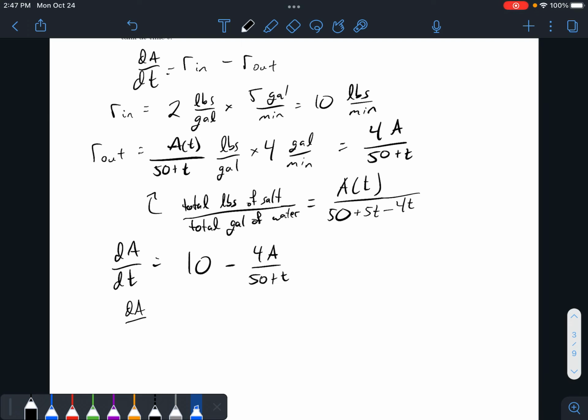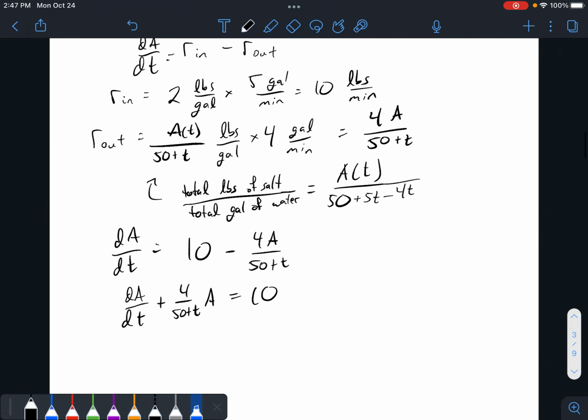It looks linear to me though, so my first thought would be to bring this 4A over 50 plus t to the left-hand side. Write this as 4 over 50 plus t times A, and it's equal to 10. So this is basically like y prime plus p of x times y is equal to q of x.